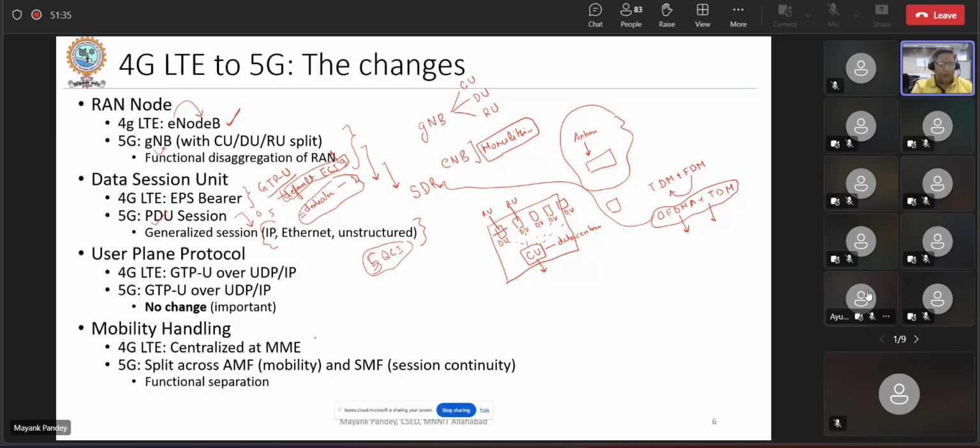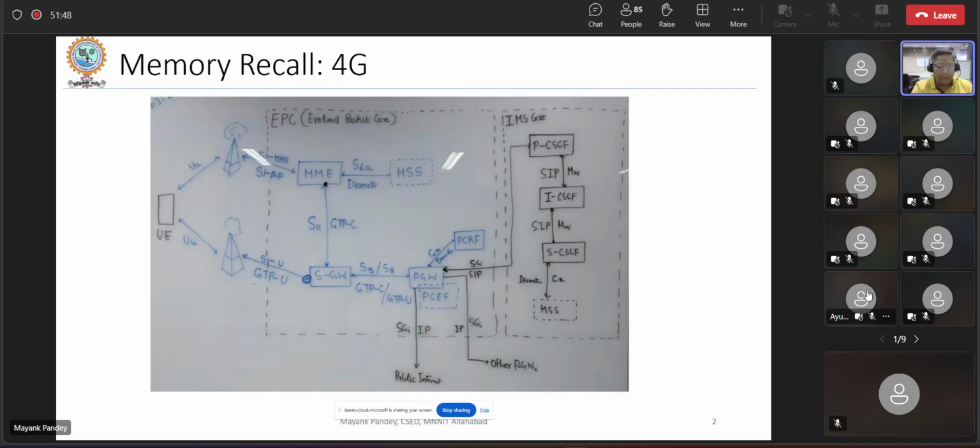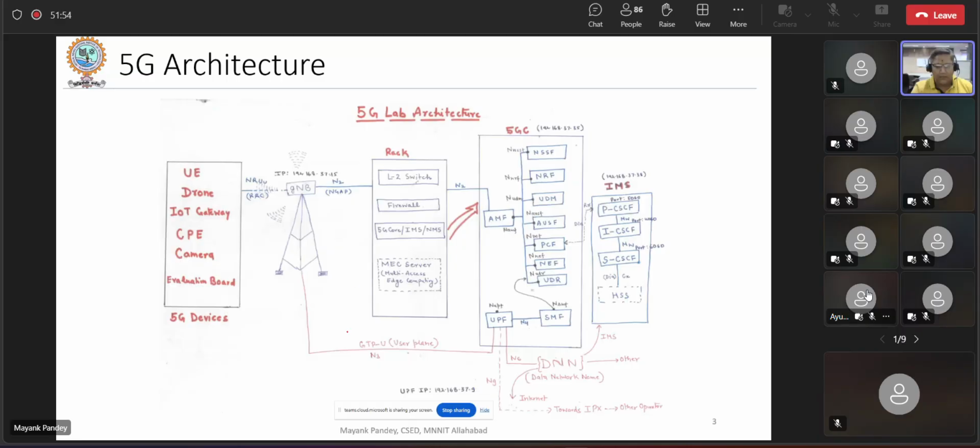Then our user plane protocol, I told you, is GTPU over UDP IP. There is no change from 4G. This is most important. The way we had it in 4G, it is GTPU, and here also it is GTPU, no change from 4G.